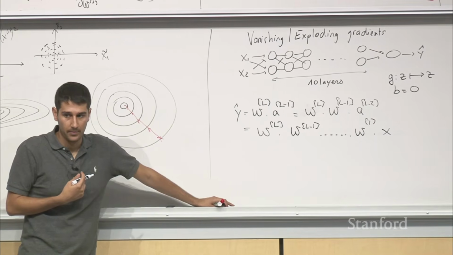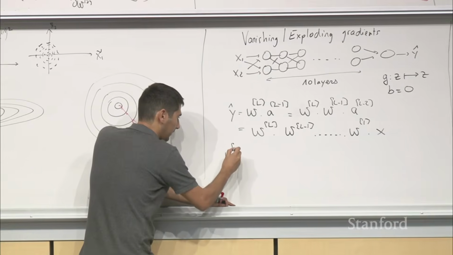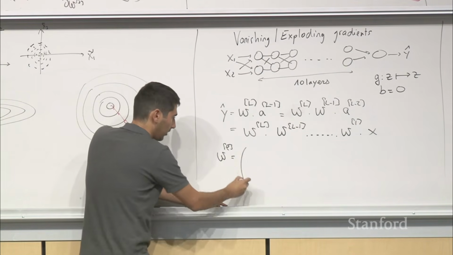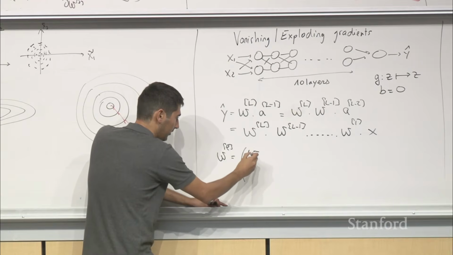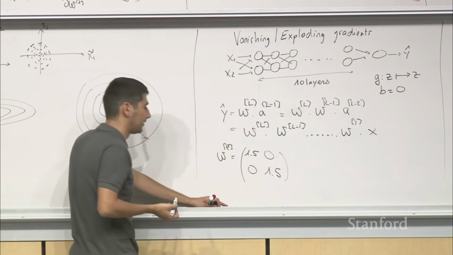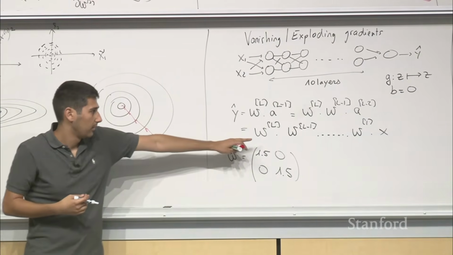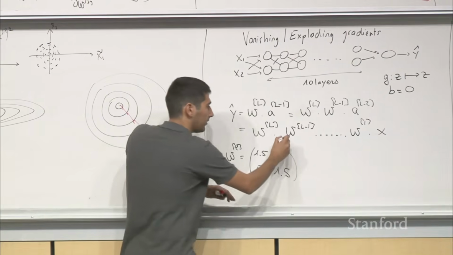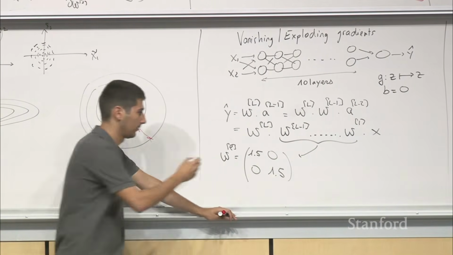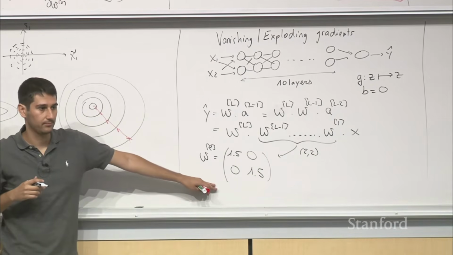Right? So now let's consider two cases. Let's consider the case where the WL matrices are a little bigger than the identity function, a little larger in terms of values. Let's say all these matrices, which are 2 by 2 matrices, are these ones.